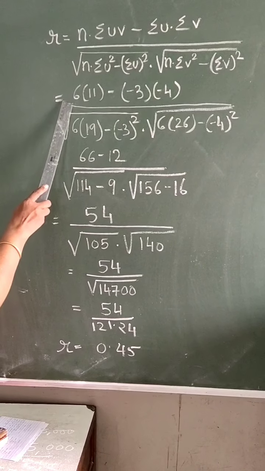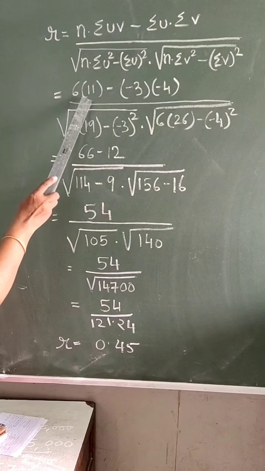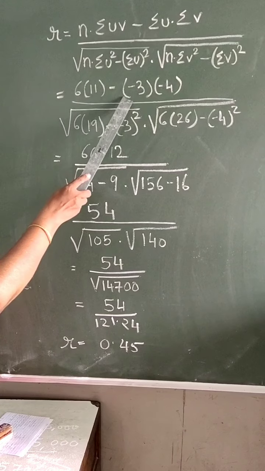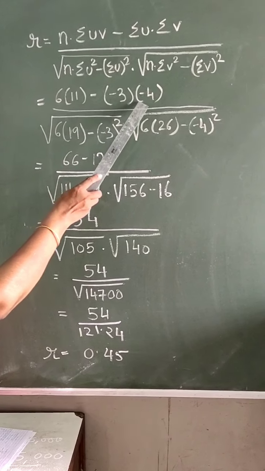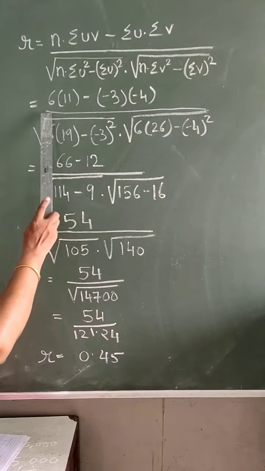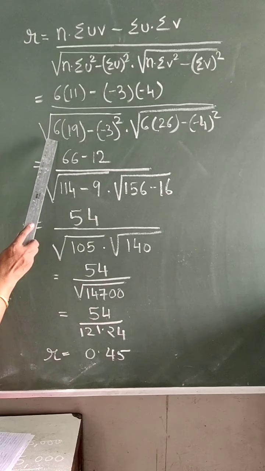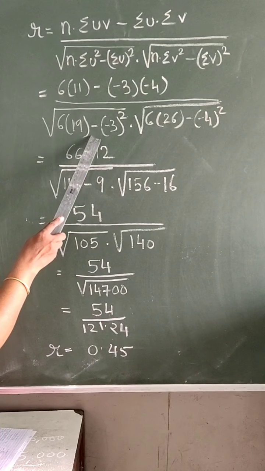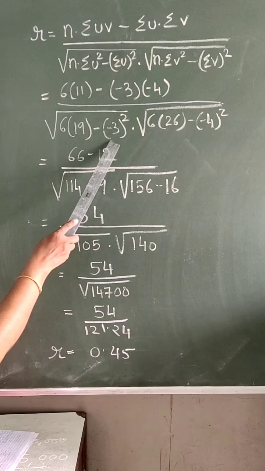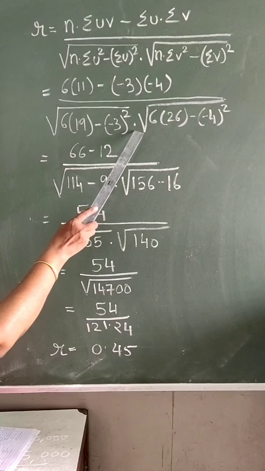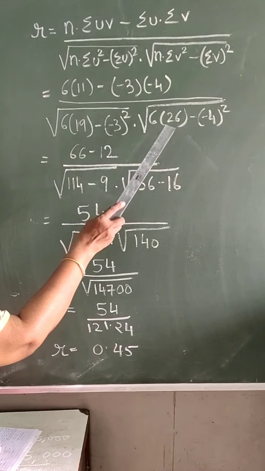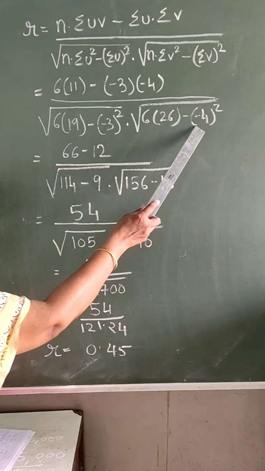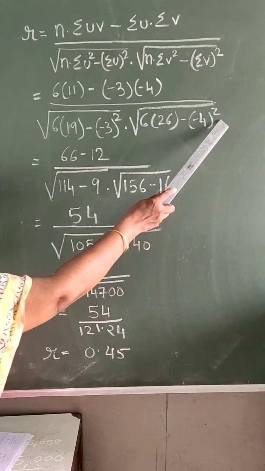N number of observation 6, sigma UV 11 from the column we get it, sigma U minus 3, sigma V minus 4, divided by root 6 into sigma U square 19 minus sigma U minus 3 whole square, into root 6 into sigma V square 26 minus sigma V that is minus 4 square.